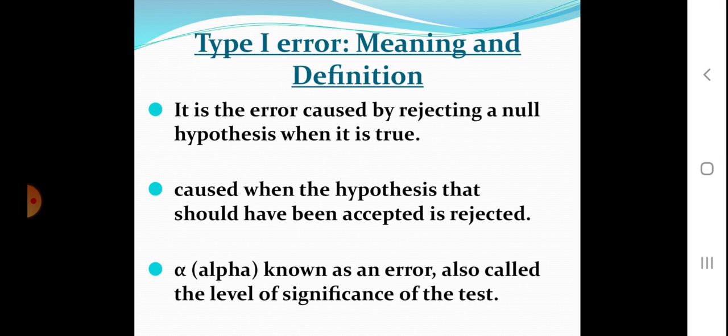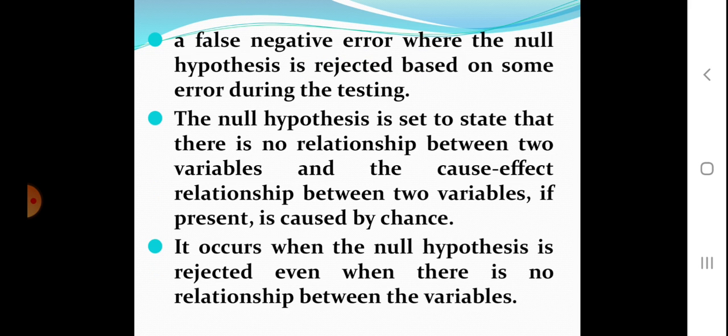Type 1 error is caused when the hypothesis that should have been accepted is rejected. Type 1 error is generally denoted by the Greek letter alpha, also called the level of significance of the test. This type of error is a false positive error where the null hypothesis is rejected based on some error during the testing.